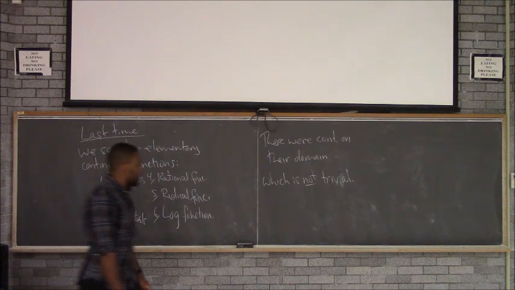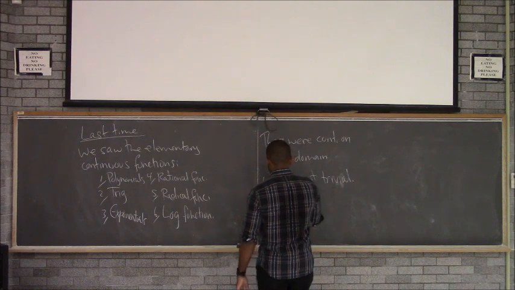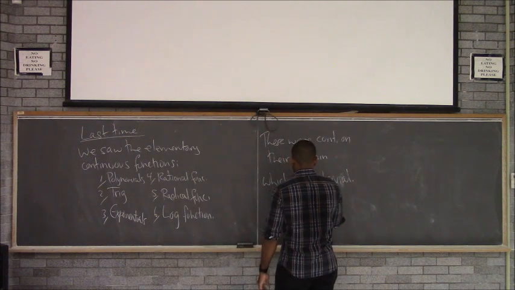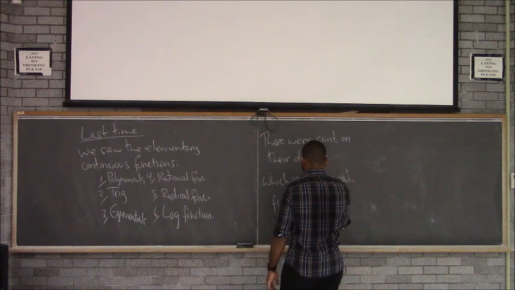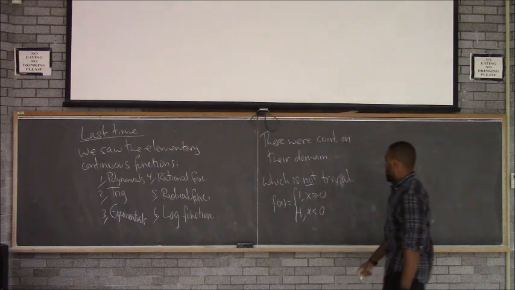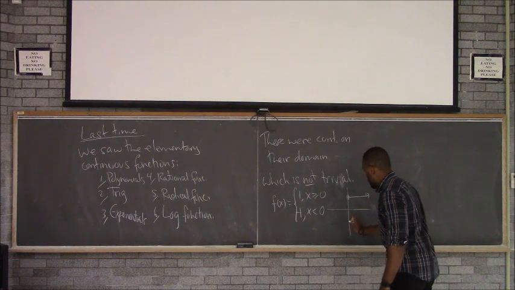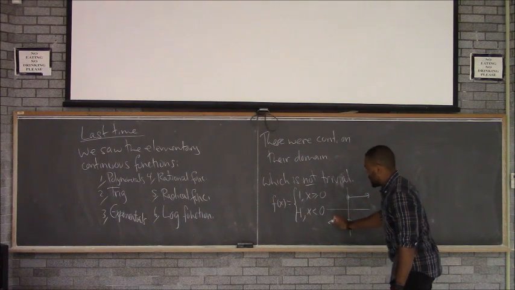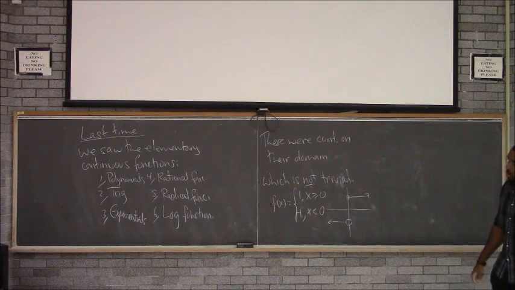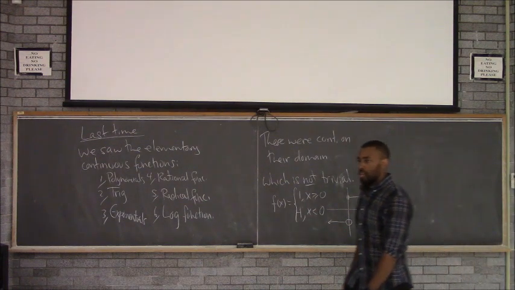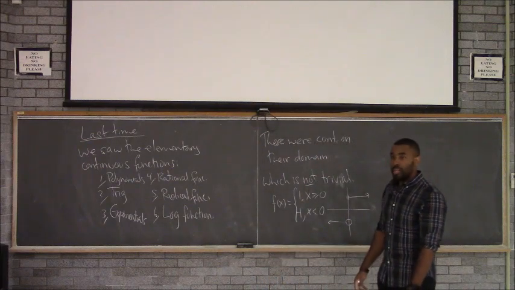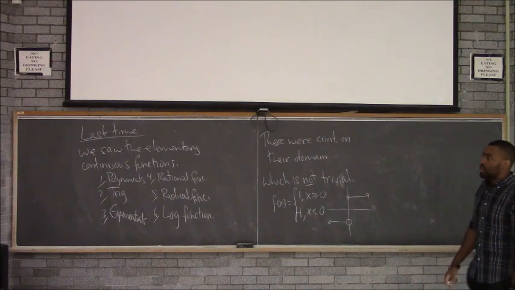But that's not true. We looked at one example, I believe. If not, let's just look at another one. That function looks like this, with a hole here. That function is defined for all real numbers. It is not continuous at all real numbers, right? So its domain is everything, but where it's continuous is not everywhere.